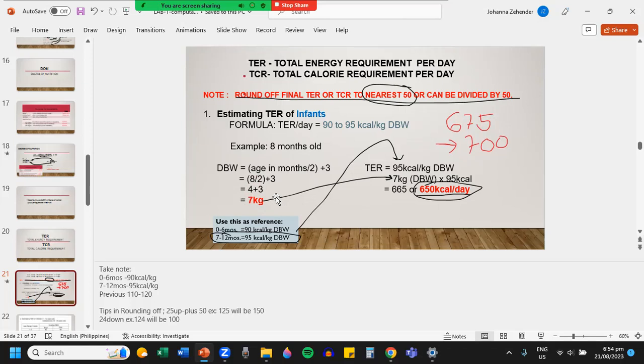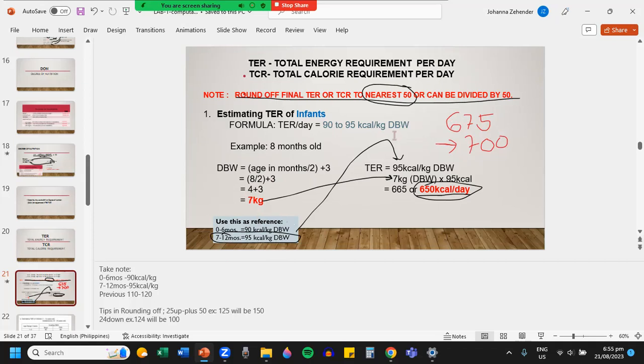Now we have to consider this reference. In computing for the TER, for a baby age 0 to 6 months, that would be equal to 90 kilocalories per kilogram of desirable body weight. Now, for a baby age 7 to 12 months, that would give you a TER of 95 kcal per kilo desirable body weight.